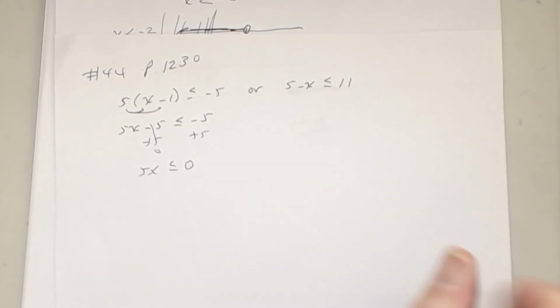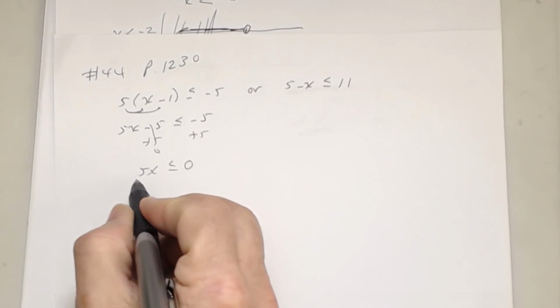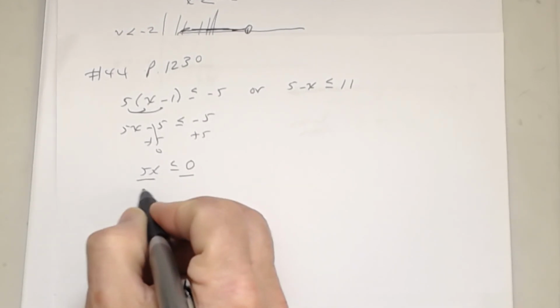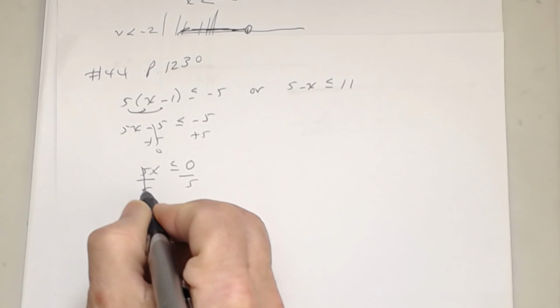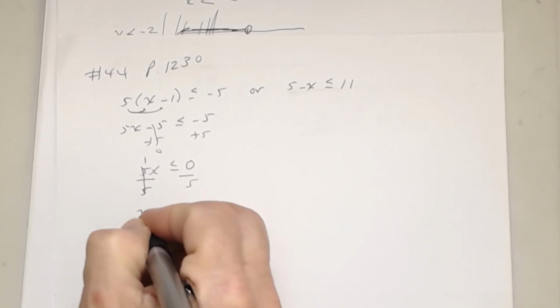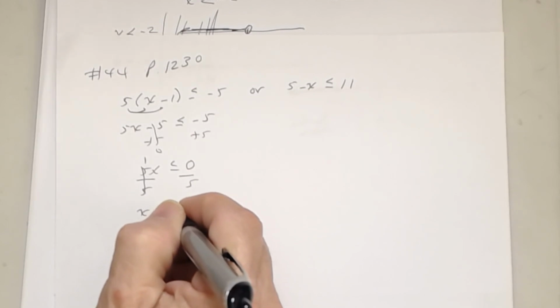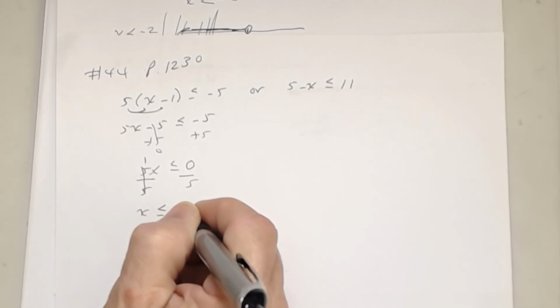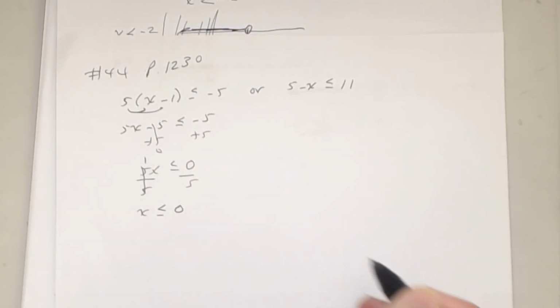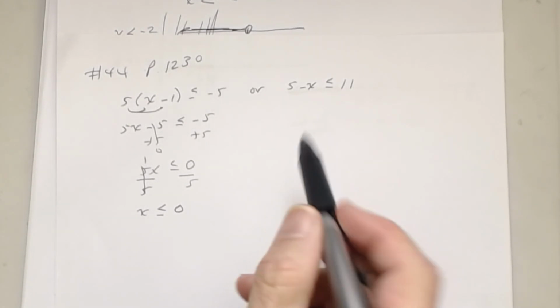Next step, divide both sides by what? 5. 5 divided by 5 is 1. 1 times x is x. So in this case, the solution to this first inequality is any real number that's less than or equal to 0.